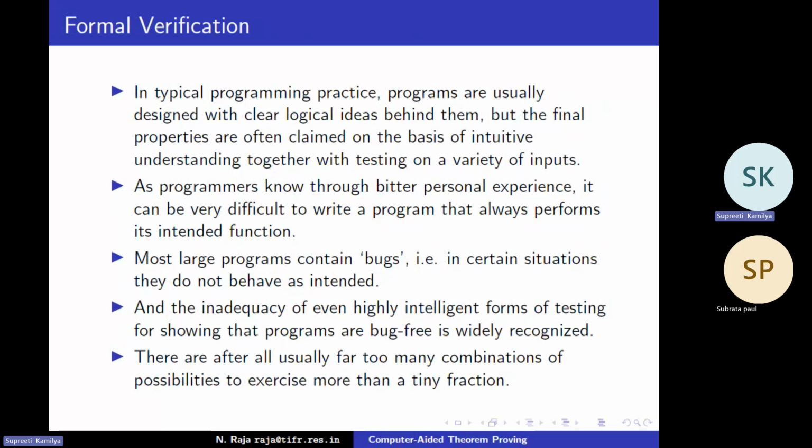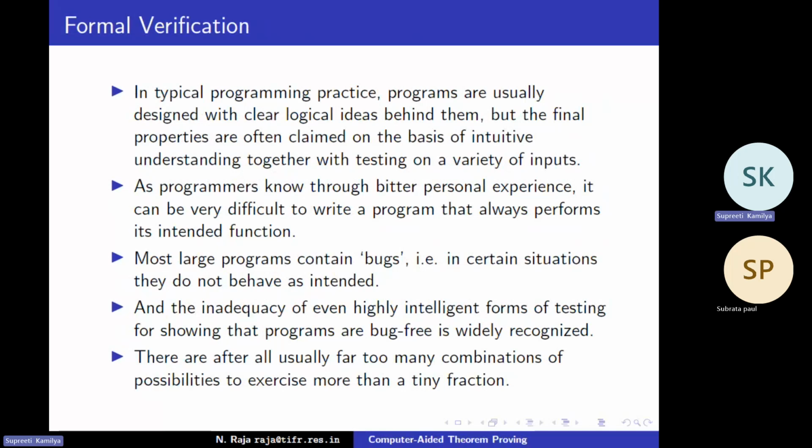So if you write programs in typical programming practice, you write programs with very clear logical ideas behind them. But the final properties that are claimed are based on just intuitive understanding together with a variety of inputs which are used for testing.